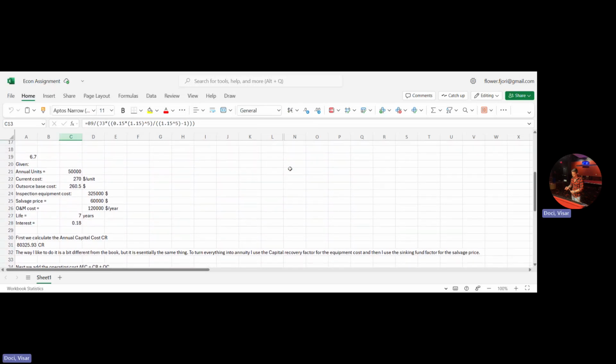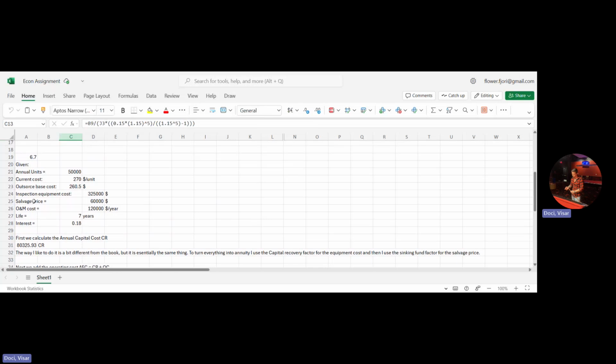So moving on to 6.7, we are given the annual units, which are 50,000. The current cost is $270 per unit. The outsource base cost, if we decide to go with that, is $260.5.